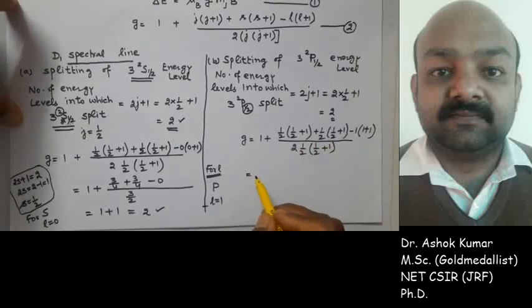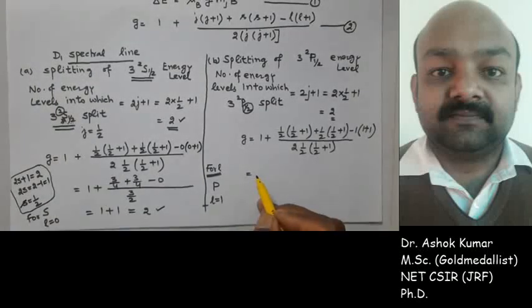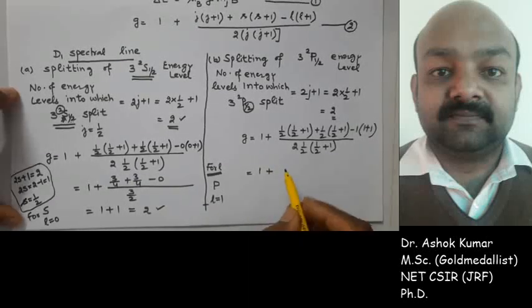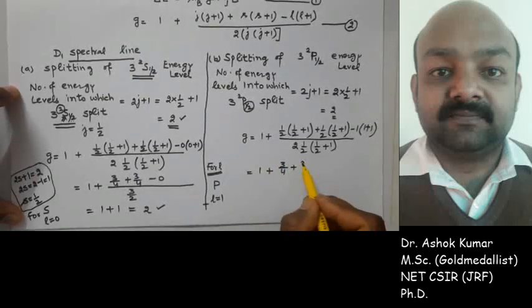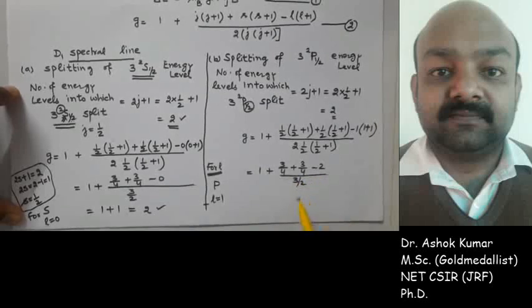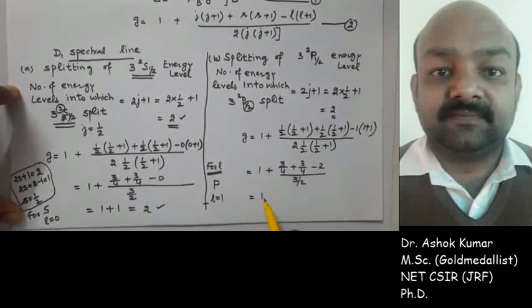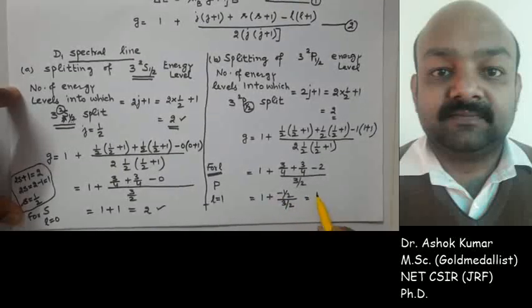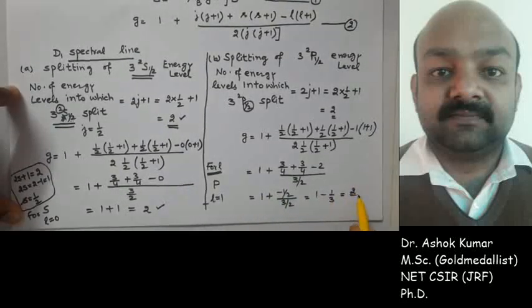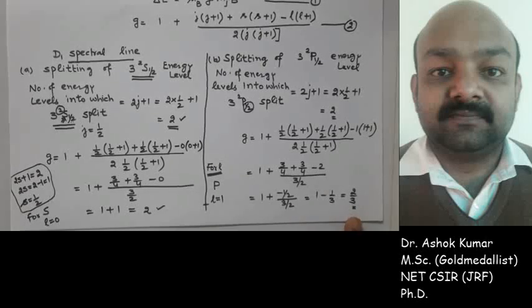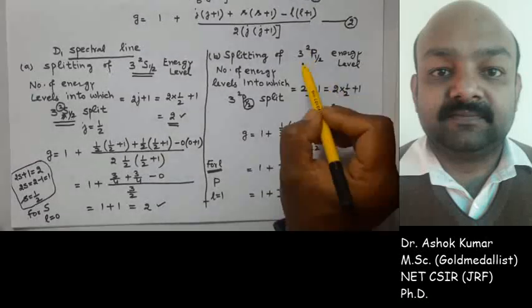And when we solve this g value, it comes out to be 1 plus 3/4 minus 2 over 3/2, which is 1 plus (minus 1/2) divided by 3/2, 1 minus 1/3, it is 2/3. So the Lande g factor for splitting comes out to be 2/3 for this energy level.